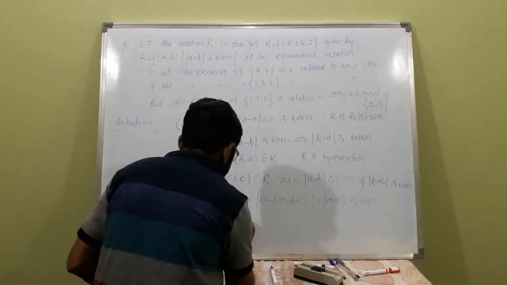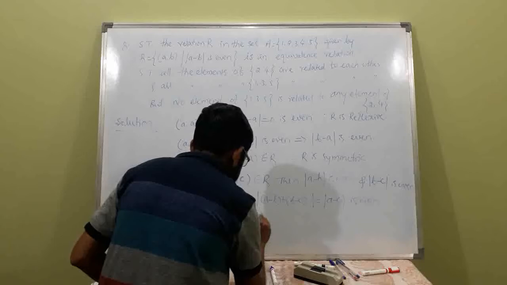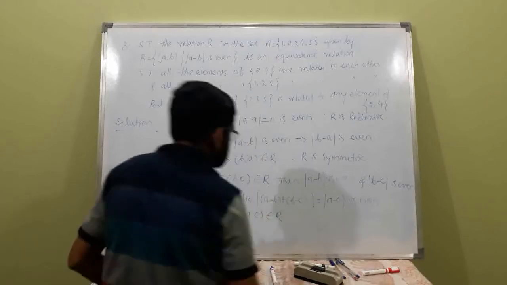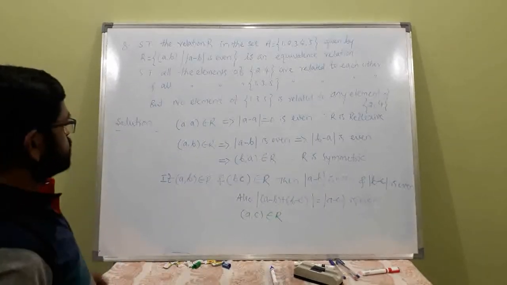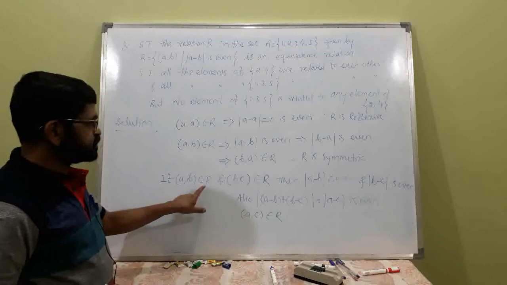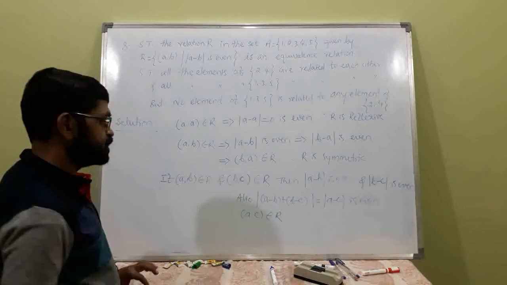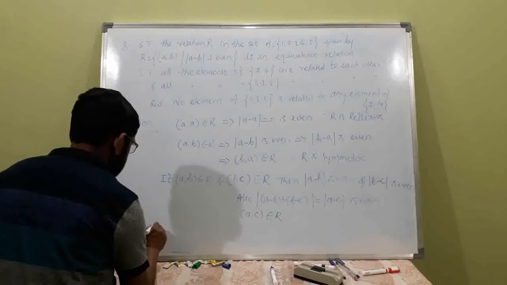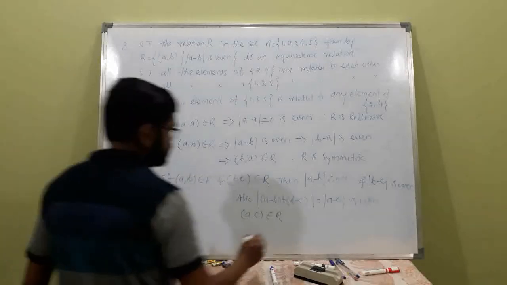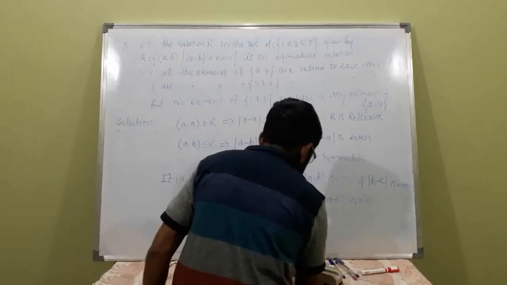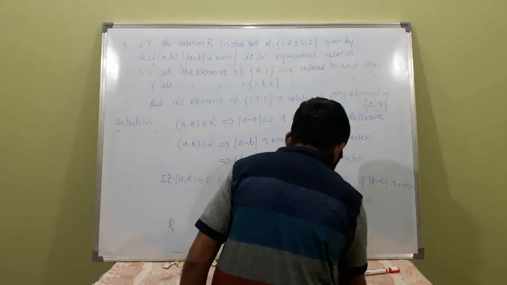It means AC belongs to R. That is, if AB belongs to R and BC belongs to R, then AC also belongs to R. Therefore, R is transitive.